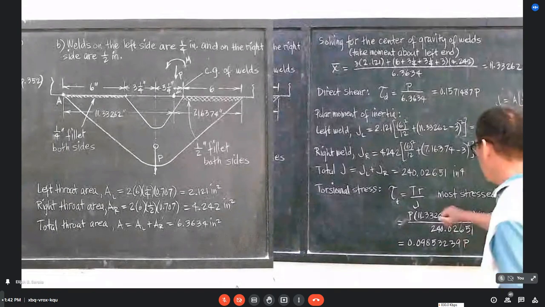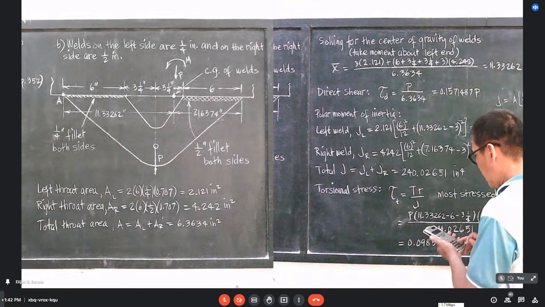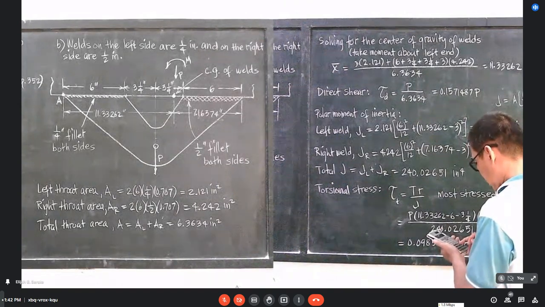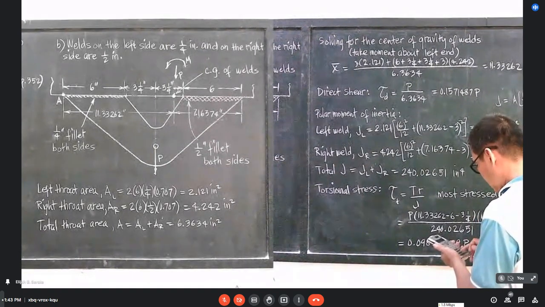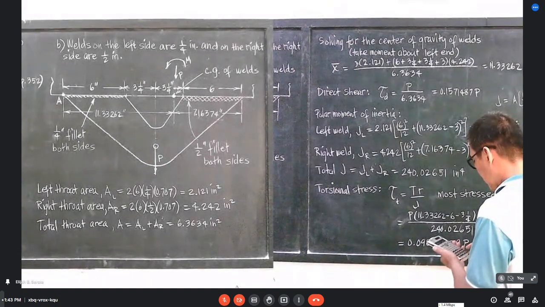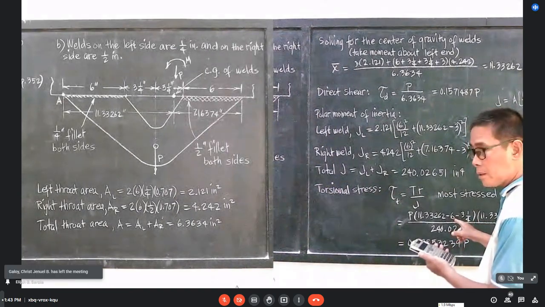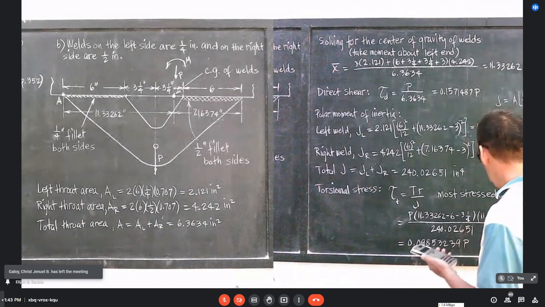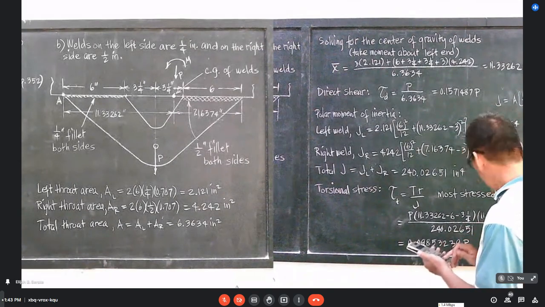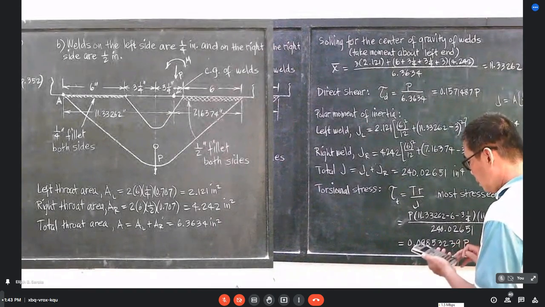How much did you get here? Okay. 11.33262 minus 6 minus 3 and 1/4. So that is 2.08262. Then you multiply by 11.33262.